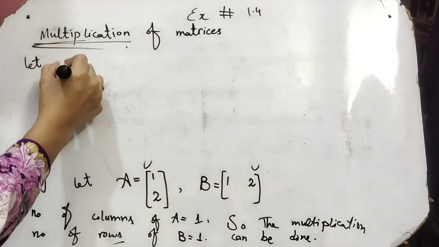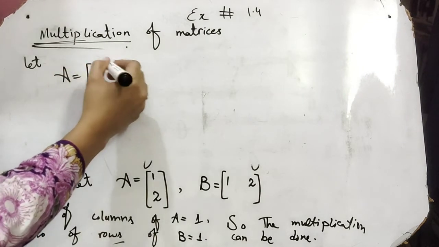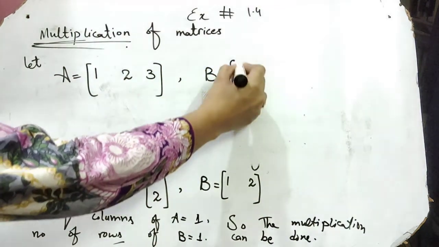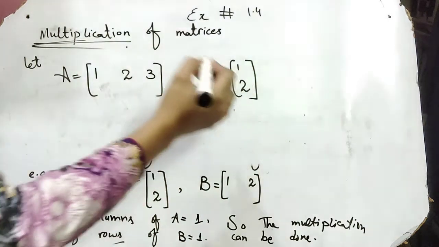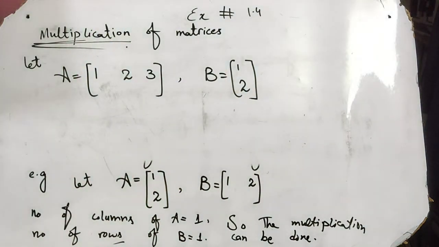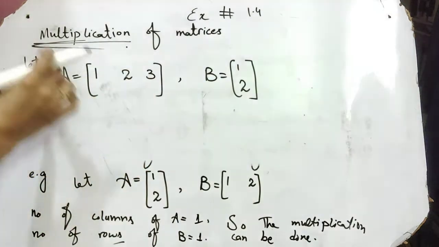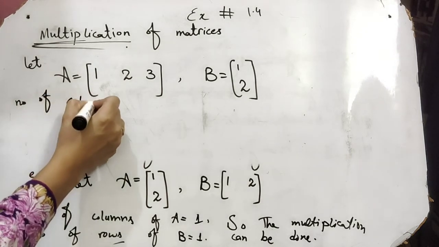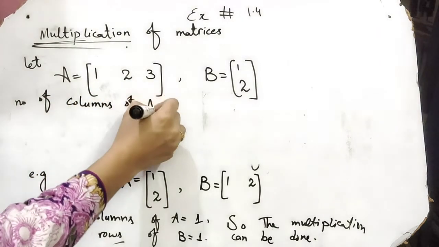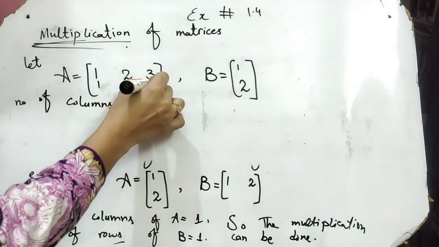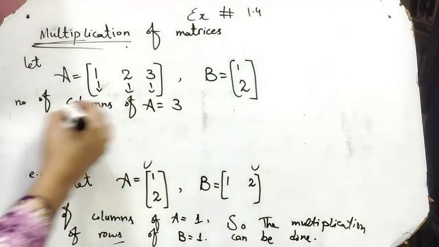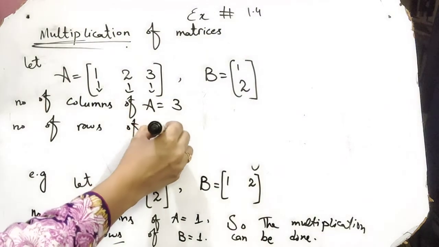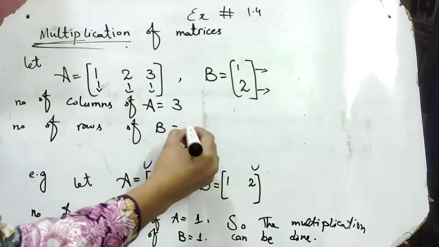Let A is equal to 1, 2, 3 and B is equal to 1 and 2. What is the number of rows of matrix B and what is the number of columns of matrix A? So the number of columns of A is equal to 3, and the number of rows of B is equal to 2.